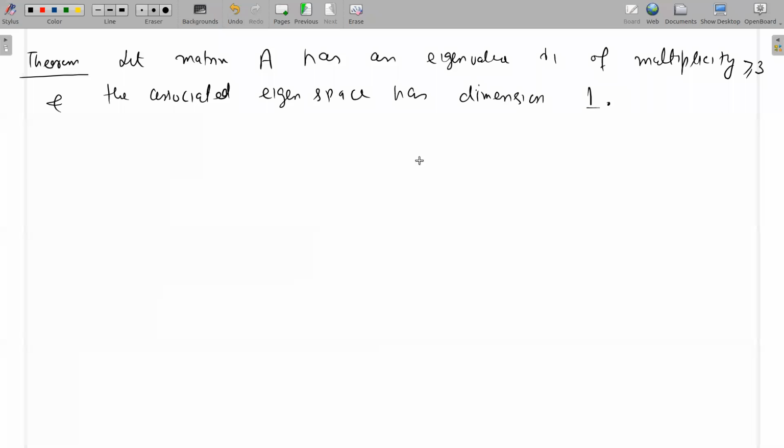इसमें क्या होगा, मान लो 3 क्रॉस 3 है, एक ही मिला आपको, ठीक है.